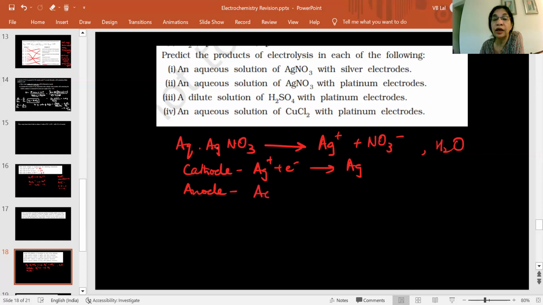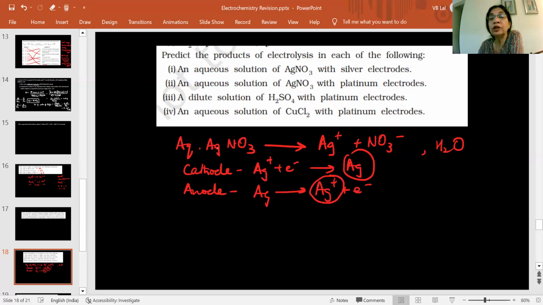Oxidation means it will lose electrons and give Ag+ plus e-. So this is at cathode and this is at anode, especially because there are silver electrodes. If the electrodes were inert, then at anode I would have got oxygen, otherwise I get silver.